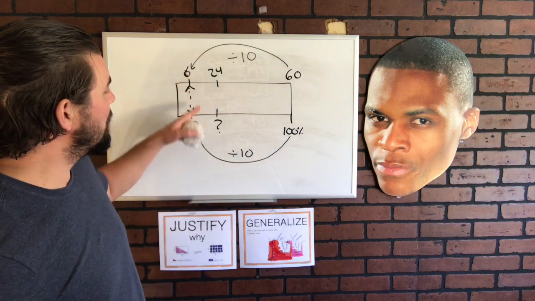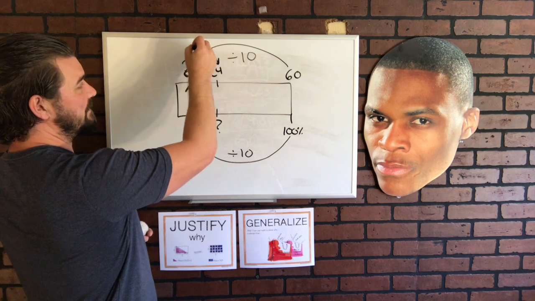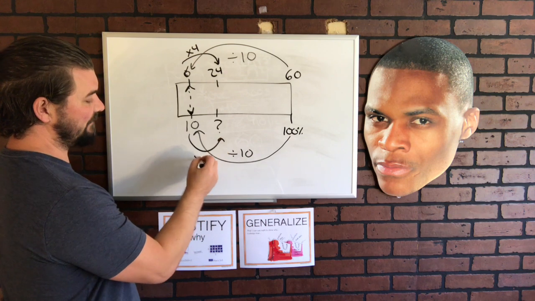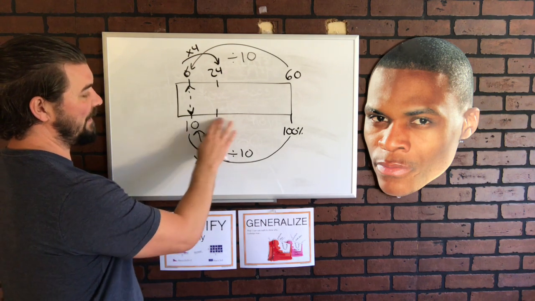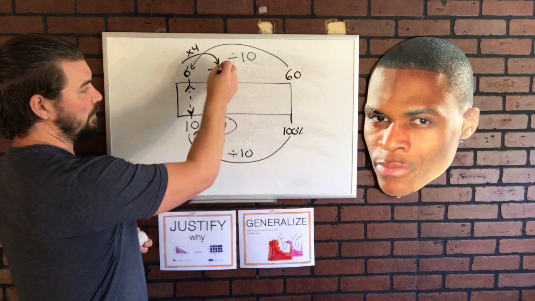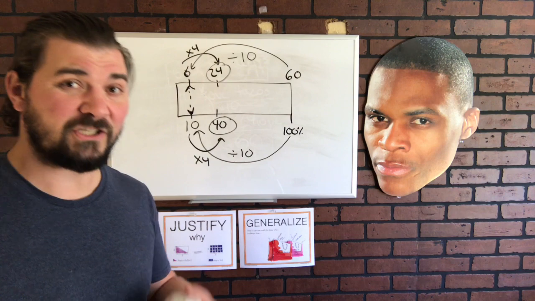Well, now, how do I get to 24? I have to times it by 4. I have to times 10 by 4, and that gives me my answer. 10 times 4 is 40. 40 and 24 are locked in on the same ratio.